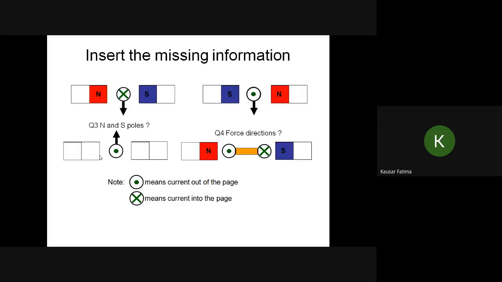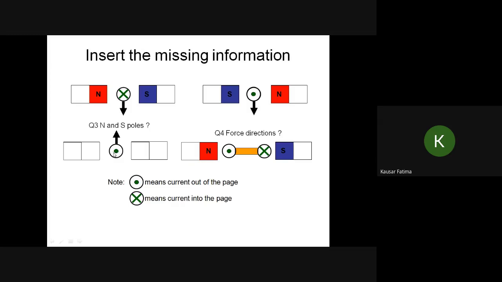Now here force and current are given. Which one is north and which one is south? It means we need to know the field direction. So your first finger, we don't know in which direction, but anyhow you stretch out your thumb as was shown in the previous slides. Okay, then you point your second finger towards you, out of the paper, because current is dot here.